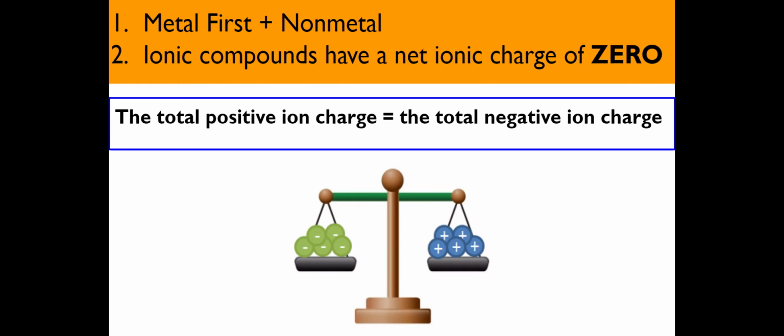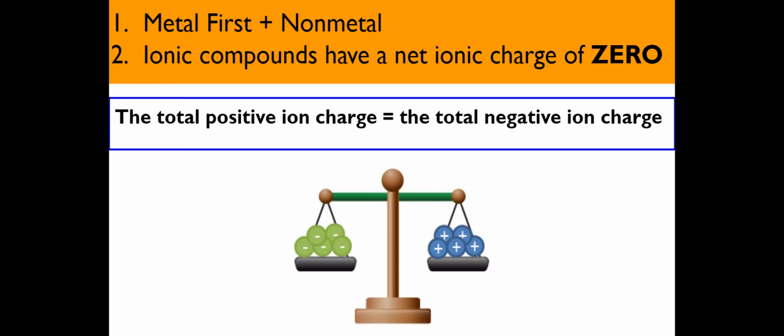So basically, if you still remember, ionic compounds are formed by electron transfer. The metals give away electrons and the non-metals receive those electrons. For example, sodium gave away 1 electron, chlorine received 1. And magnesium needs to give away 2 electrons.